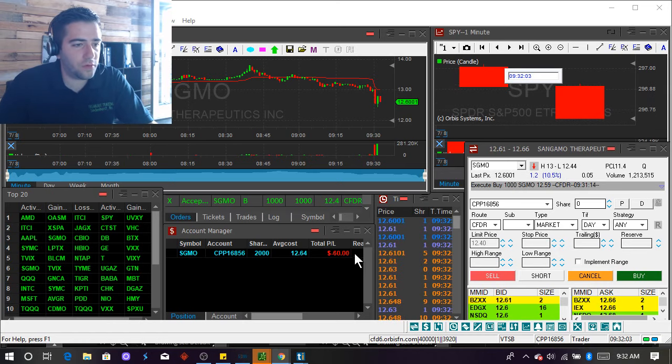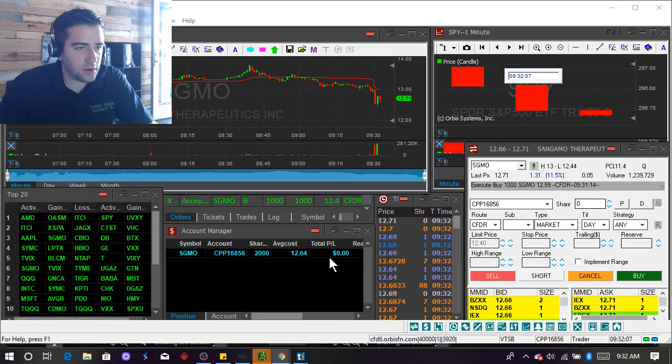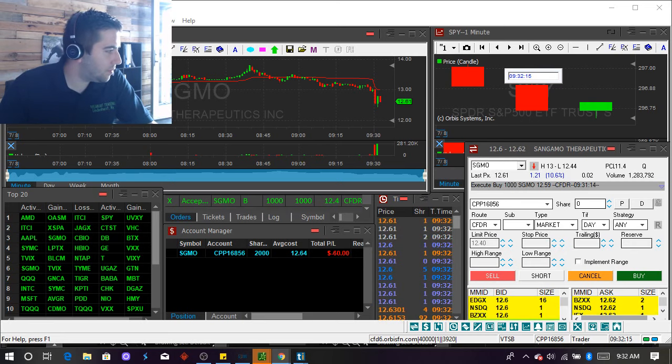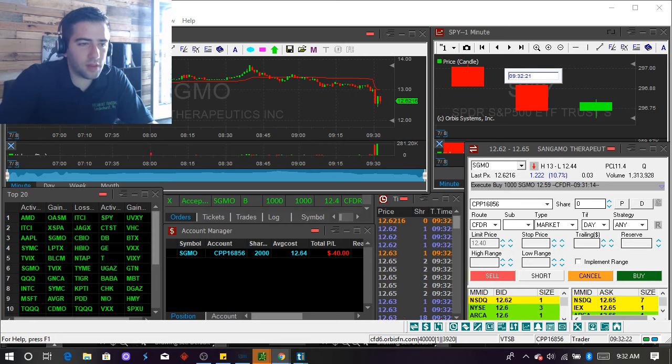Beautiful. I should have taken a partial there. All I need is for the market to pop up a little bit, and it will. SGMO 1240, target 14.